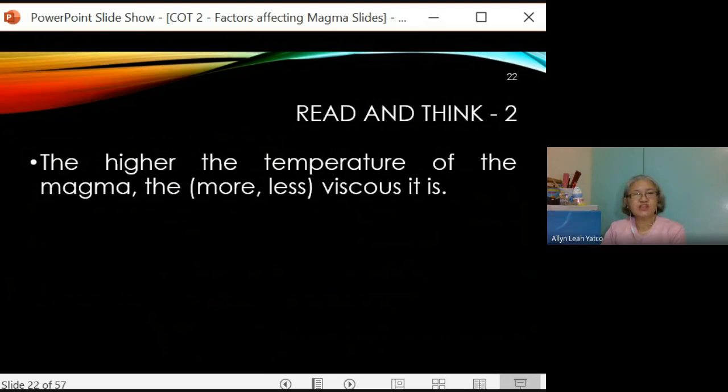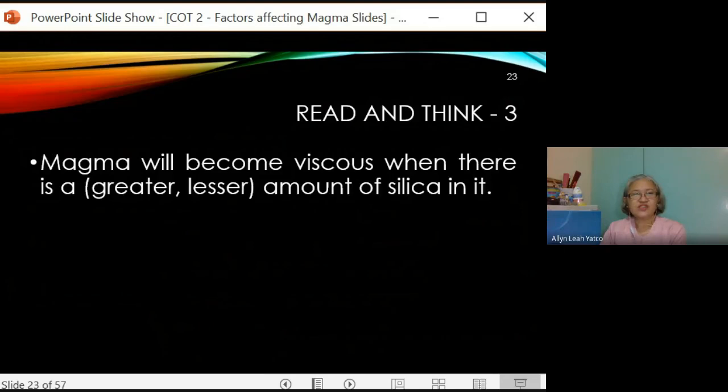This shows the relationship between temperature and viscosity. So the answer is less. The higher the temperature of the magma, the less viscous it is. Kapag mas mataas ang temperatura, mas malabnaw ang magma. Third question. Magma will become viscous when there is a greater, lesser amount of silica in it.